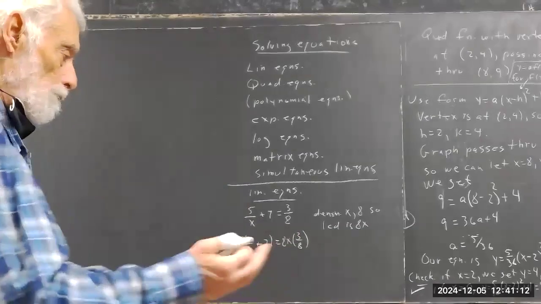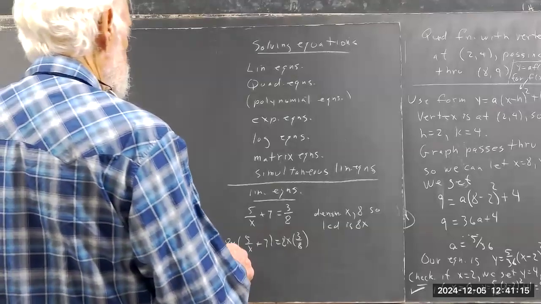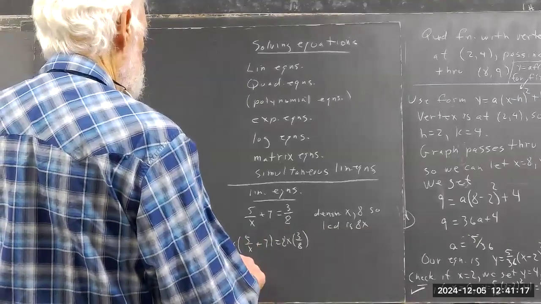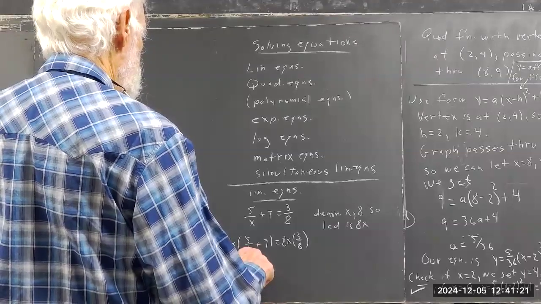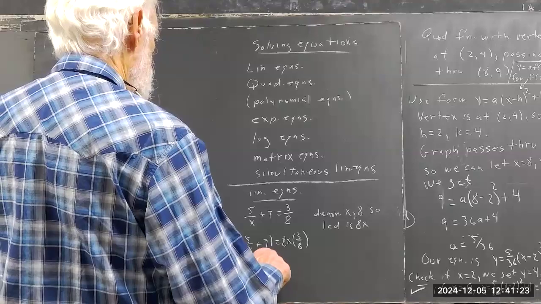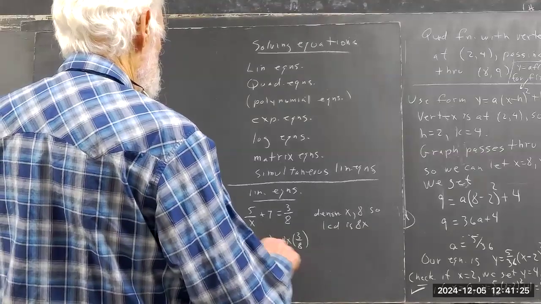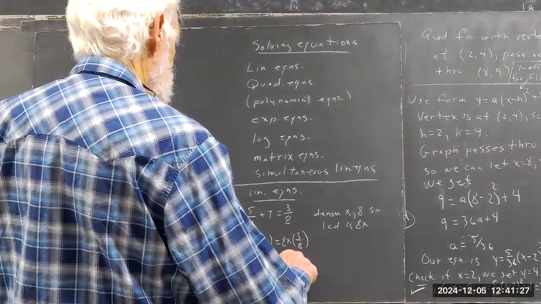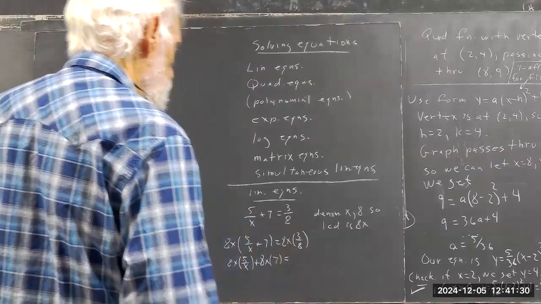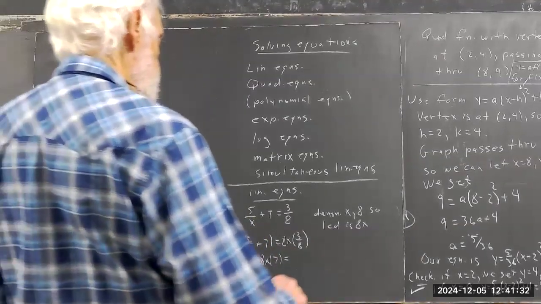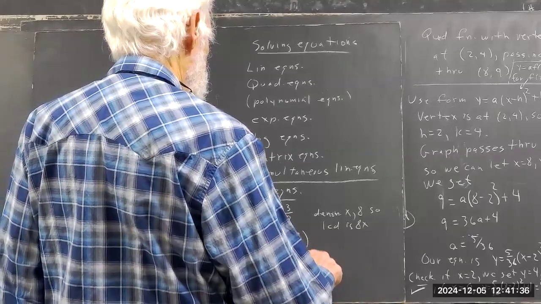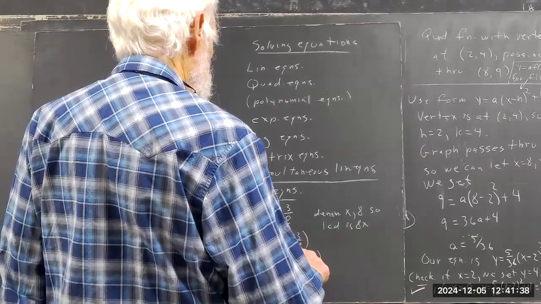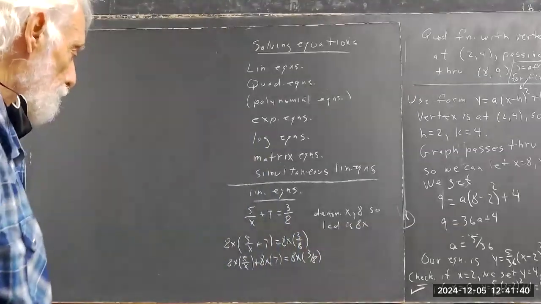Now I'm just going to do it. 8x times 5 over x plus 8x times 7 equals 8x times 3 over 8. I'll just leave this one with simplification of the next step.